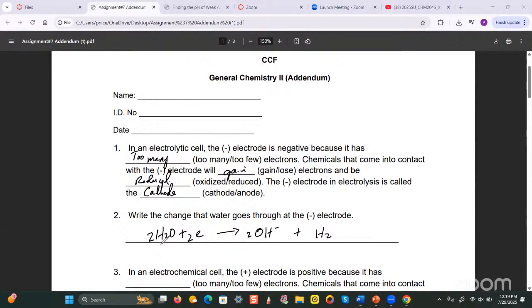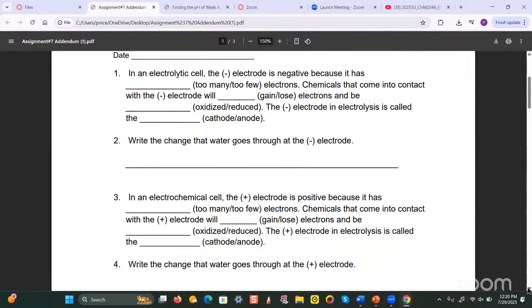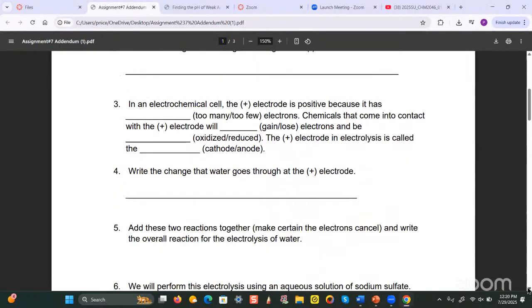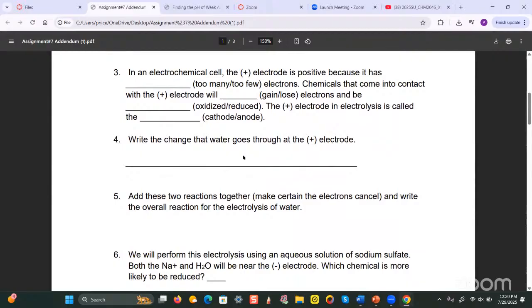All right. Any questions so far? Okay, let me clear this because I need to scroll down to the questions below. Number 3 is asking, in an electrochemical cell, the plus electrode is positive because what? It has too few electrons.